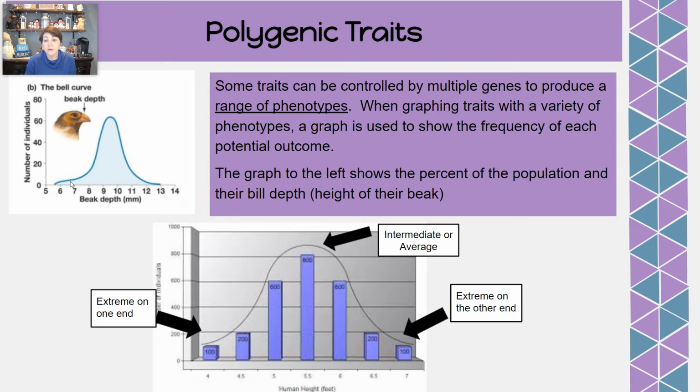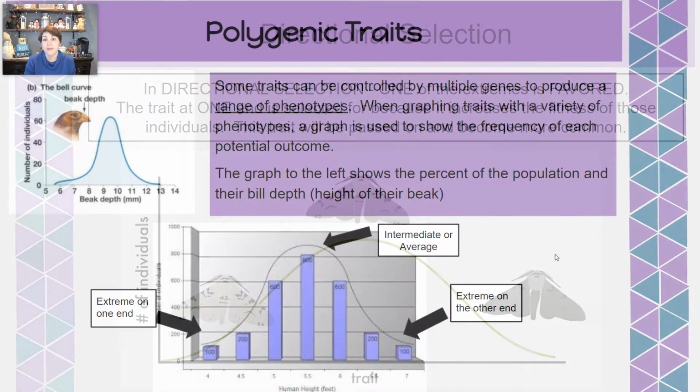And then in the middle, we call that the intermediate or the average. And so more individuals have that intermediate or average trait. So you tend to see a bell curve of sorts when we look at these types of traits. And so what we're going to do is look at how natural selection changes these graphs in 3 different ways.